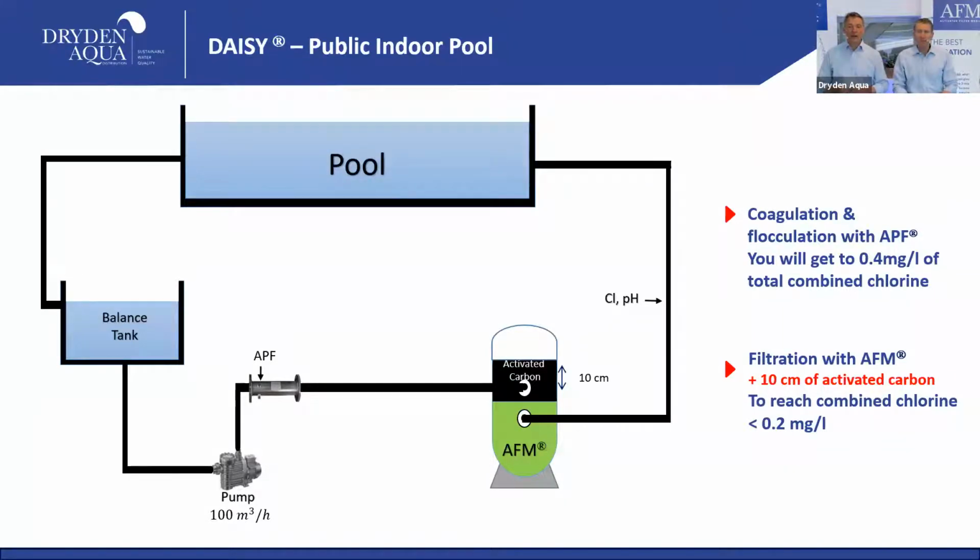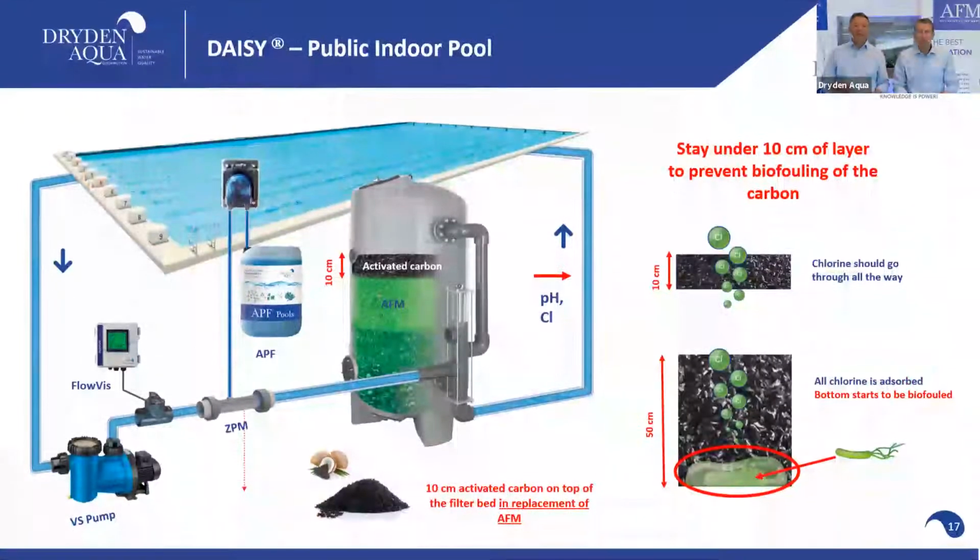Just a little bit of summary, just 10 centimeters. As long as you have chlorine or any other oxidants in the water, you will form free radicals on the surface of the carbon, and they are really breaking up the combined chlorine, the organic chloramine and the inorganic combined chlorine.